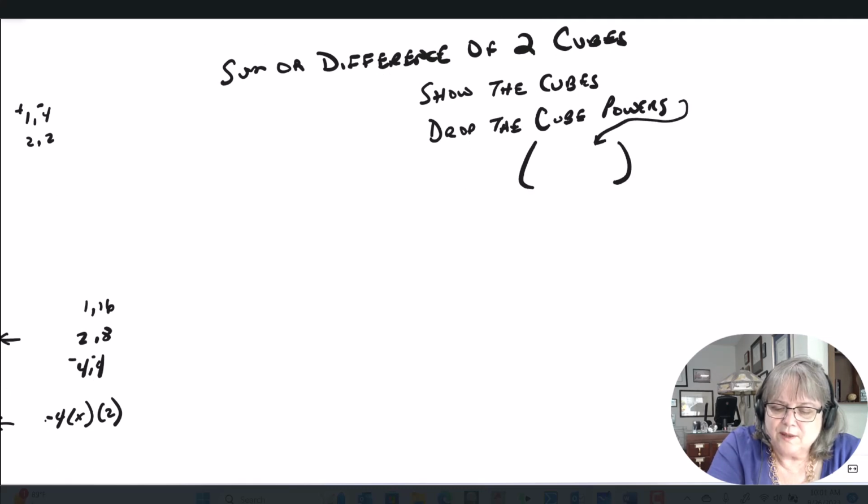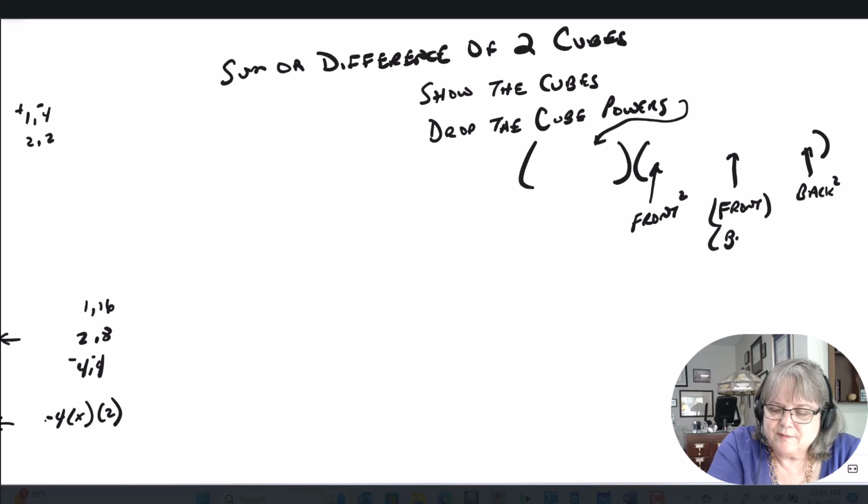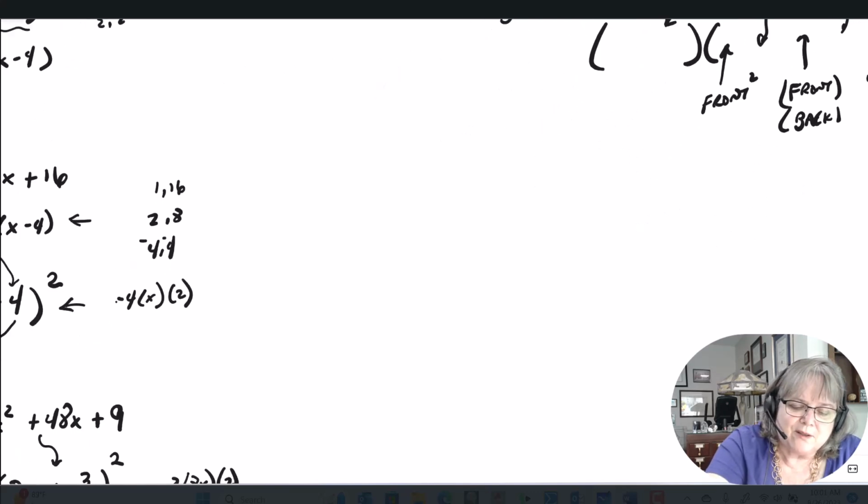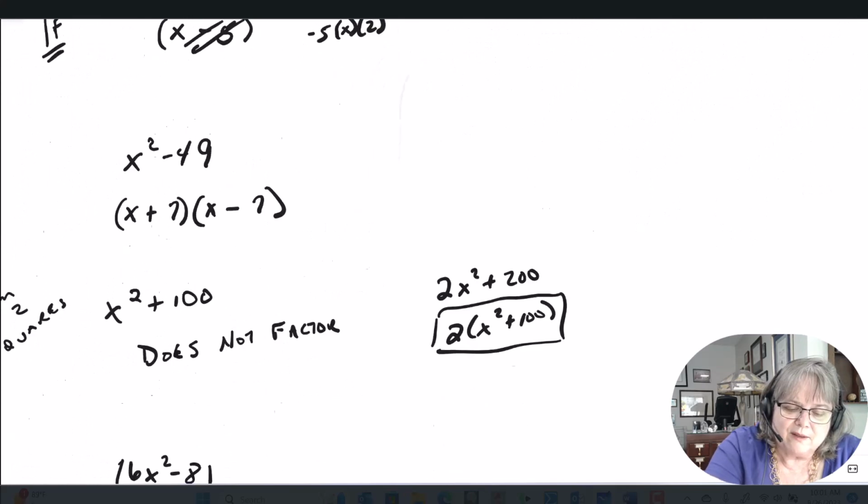And then to make this trinomial, you take the front and square it, take the back and square it. Right in here is the front times the back. This sign is the opposite. This is always positive. Now that's kind of messy, but like I said, there's a sheet that has this all written out for you that I've provided a link to.